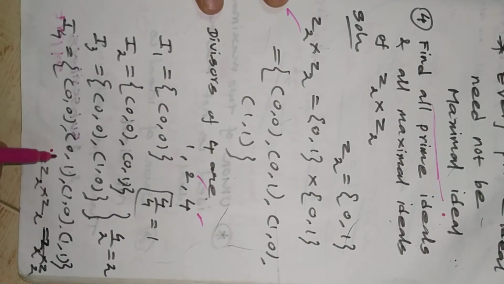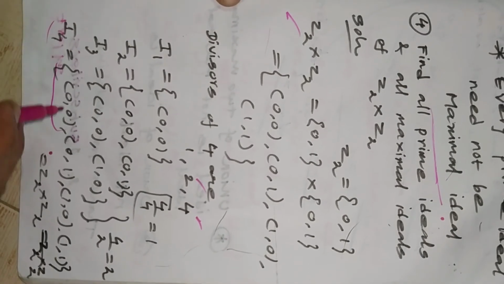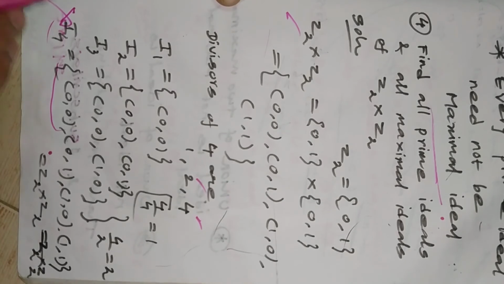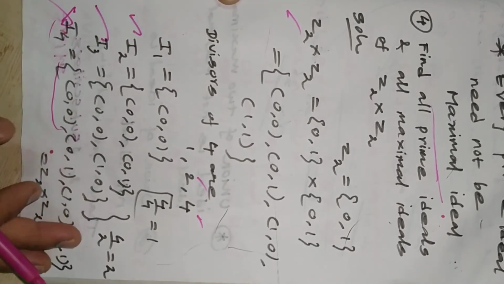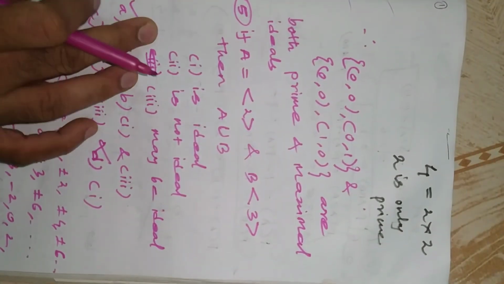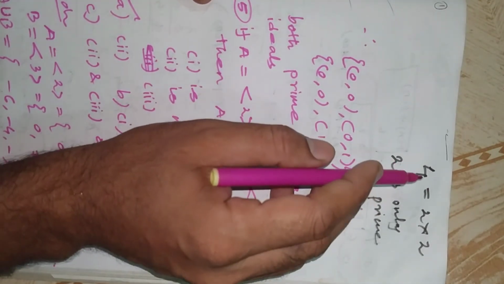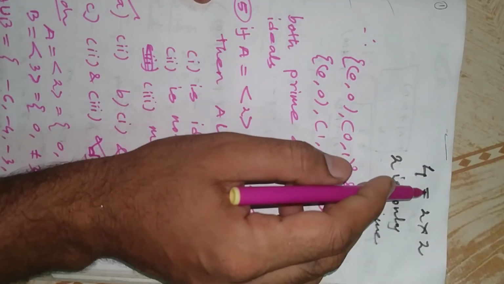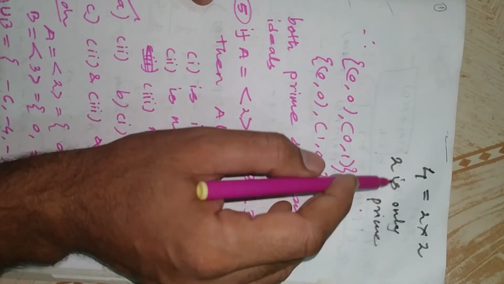But we have to find out the maximal ideals of this one. So by default, I4 is not a maximal ideal. So the only possibility is that the maximal ideals are I2, I3 only, right? We know the one tricky concept: 4 elements, prime factors only 2 into 2. 2 is a prime, right? 2 only prime.